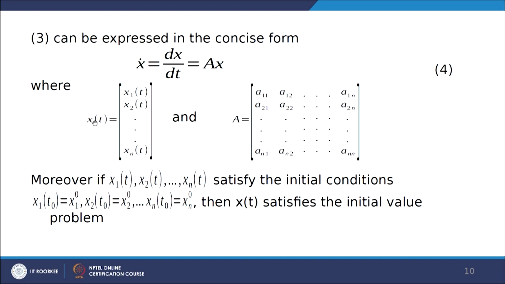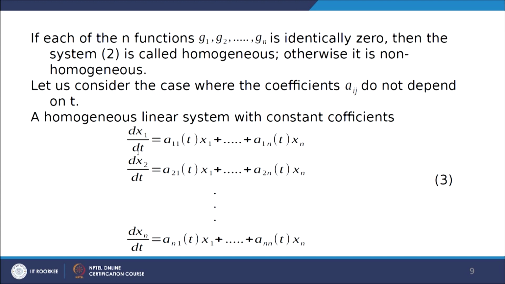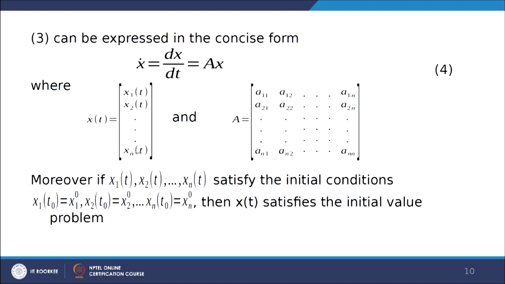If you differentiate x(t) with respect to t, then dx/dt is another vector valued function whose components are dx1/dt, dx2/dt and so on dxn/dt. So, the left hand side, dx1/dt in the first equation, dx2/dt in the second, dxn/dt in the last, can be put in vector notation as x dot, which means dx/dt, a column vector having n components.